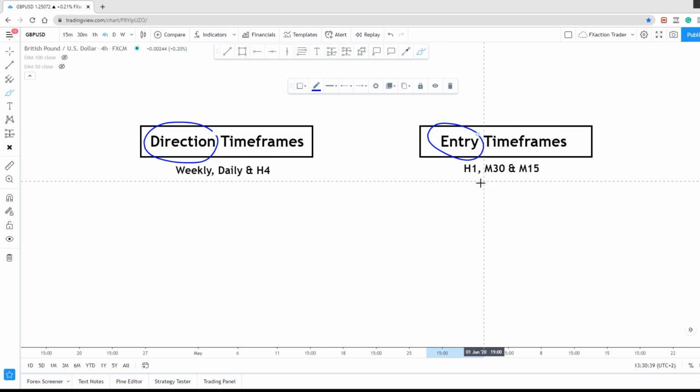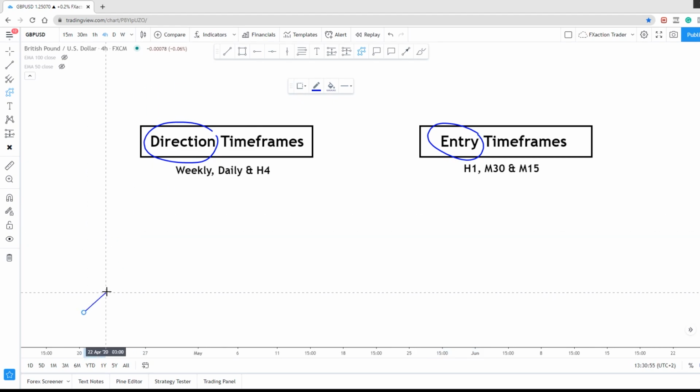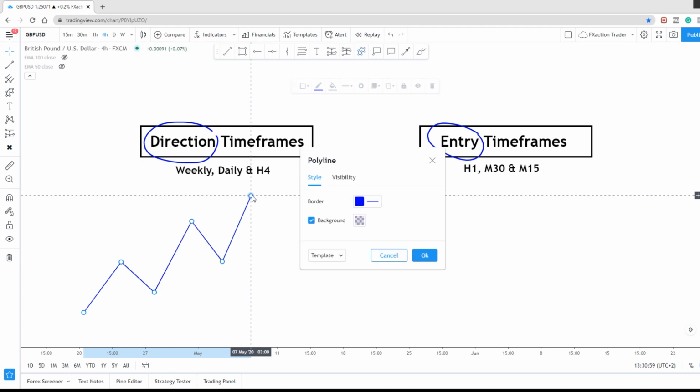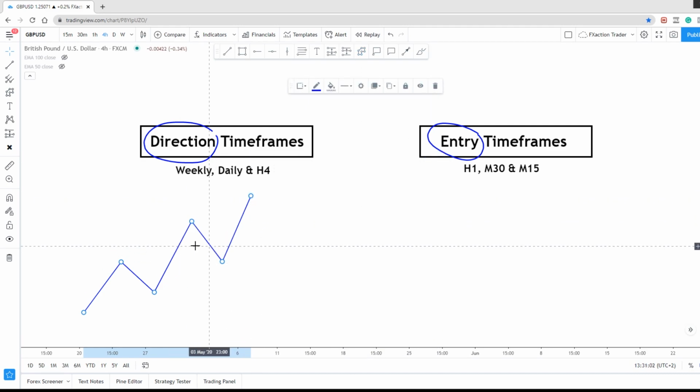Alright, when we talk about direction, this is pretty simple. We have 3 kinds of direction in the market, which are the uptrend, downtrend, and also sideways market. Whenever we are in these higher time frames, we are looking for structure like this for an uptrend. This is the uptrend because market is doing higher low and also higher high.